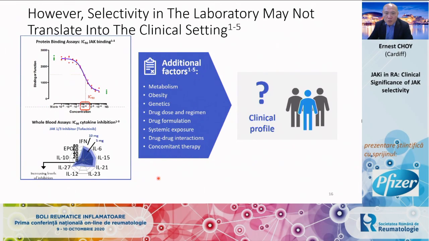The other caution I want to throw in during this talk is that unlike monoclonal antibody, where the metabolism is the same, because JAK inhibitors are small molecules, they all vary in their way of being metabolized. Some of them are metabolized by the liver, and others are excreted by the kidney. And in fact, because the metabolism is different, the concentration in the individual patient will be different, and will be driven by genetics, the BMI of the patient, the formulation of the drug, and also they all have different drug-to-drug interactions.